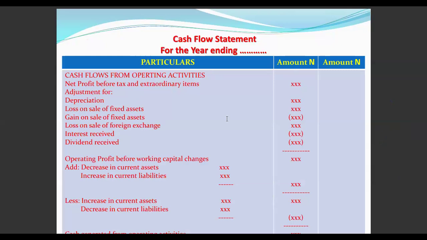Let me show you the complete format of a cash flow statement. I suggest you go through this format and read every content. I'll wait for a few seconds.